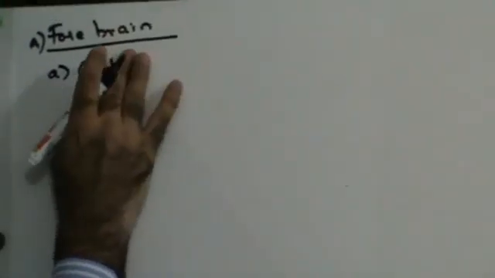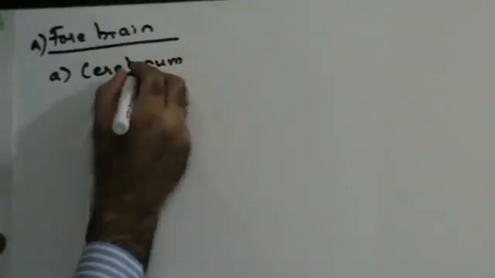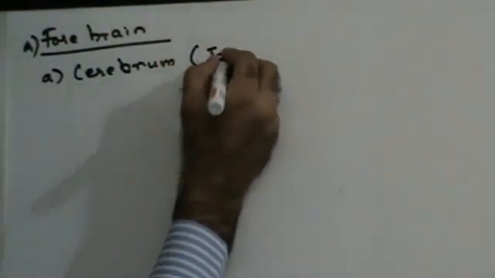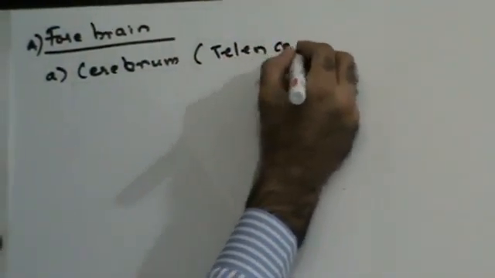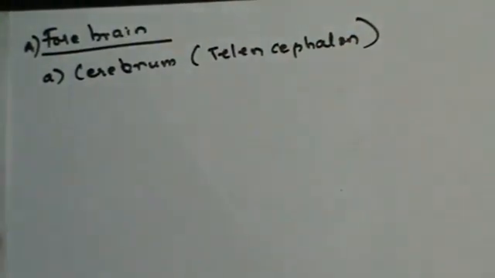Now, the forebrain, as we said, is made up of cerebrum. The cerebrum is also called telencephalon. Okay, now let's see this.